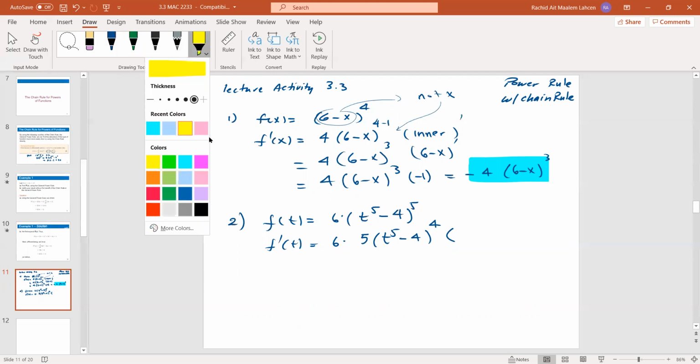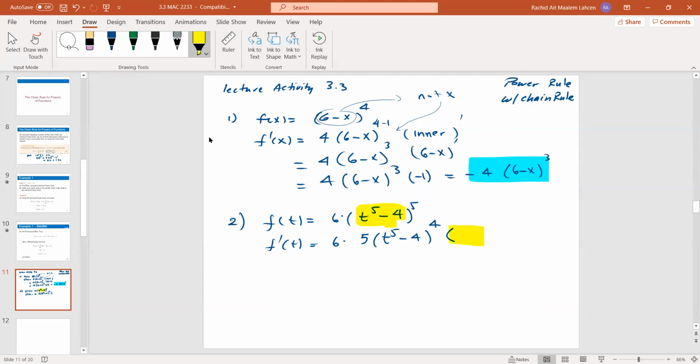That's the inner part, (t to the fifth minus 4) prime. So it's 30 (t to the fifth minus 4) to the fourth, and now you see the power rule, 5t to the fourth minus 0, of course, constant. So we don't write it anymore. We skip that part.